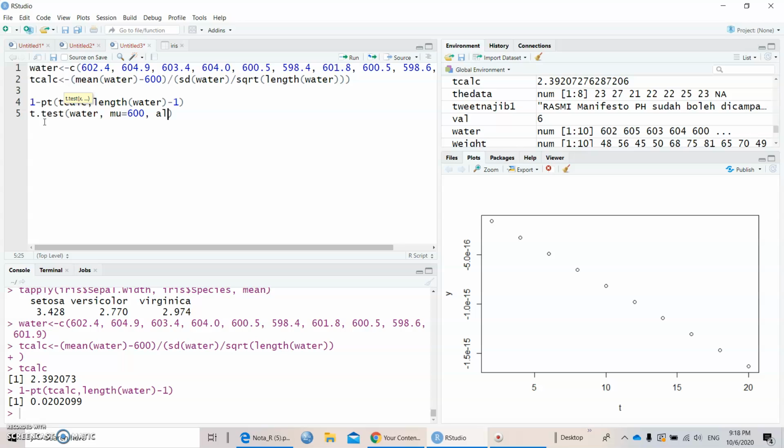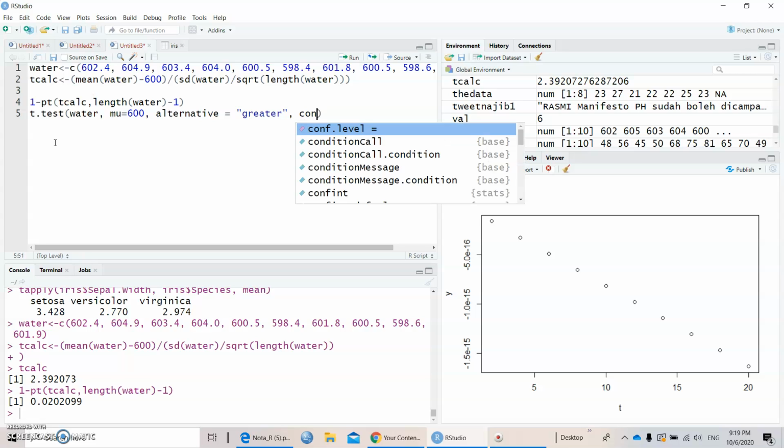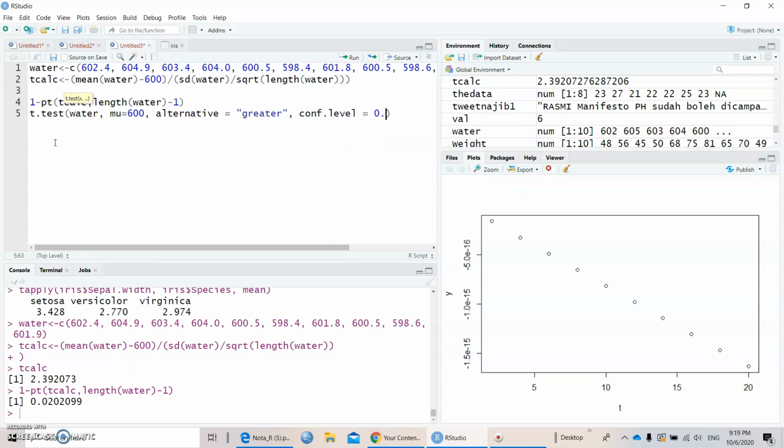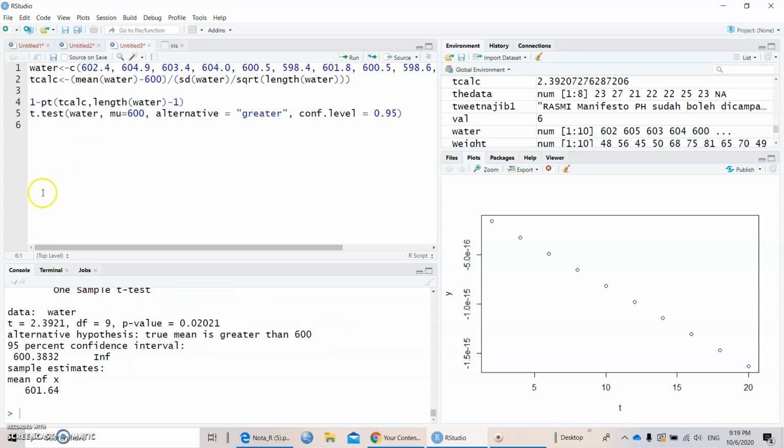And then alternative, let's say alternative is greater. And then we can decide the level of confidence, let's say 0.95. Run, and you will get the same p value, 0.02021, and the test value 2.3921, with the same interpretation.